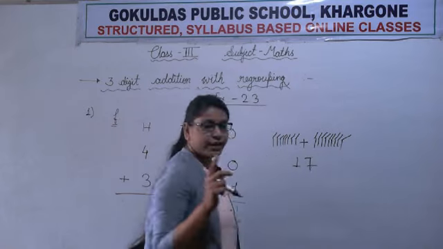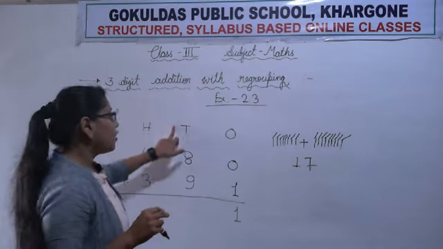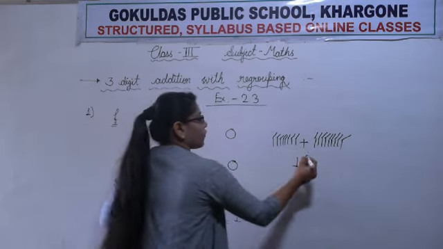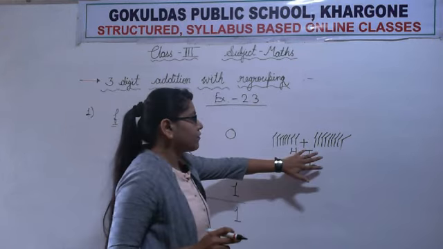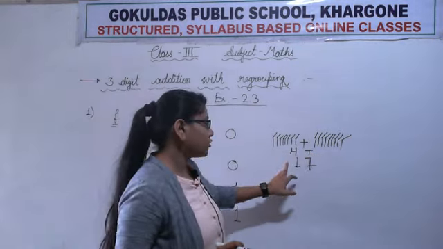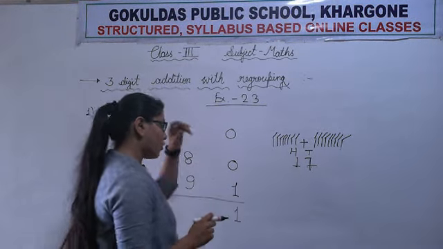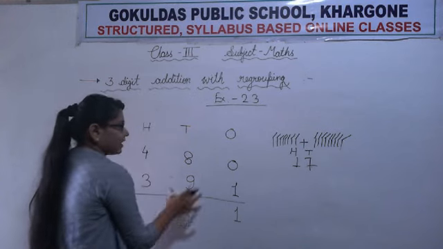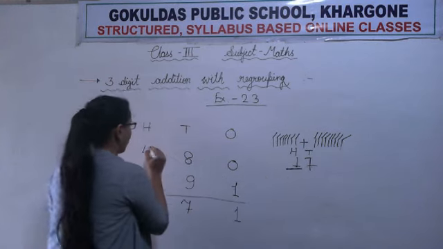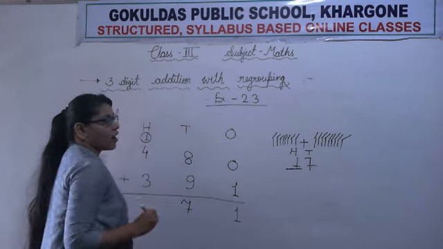Again we added one digit and got a 2 digit answer. We were adding the tens column, so we will write tens here, and the next place which comes after tens is hundreds. So we will write hundreds here. So we will write 7 in the tens column and 1 in the form of carry in the hundreds column.